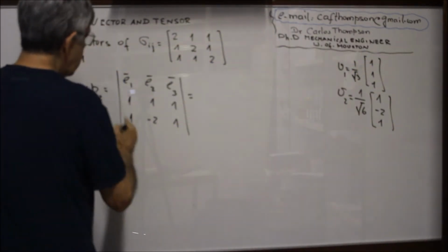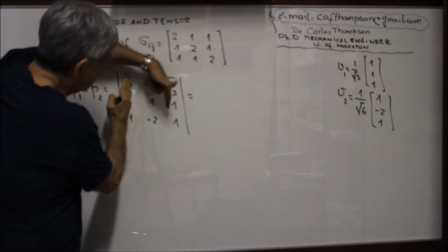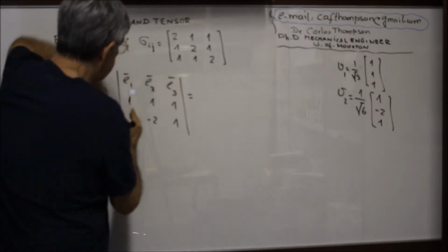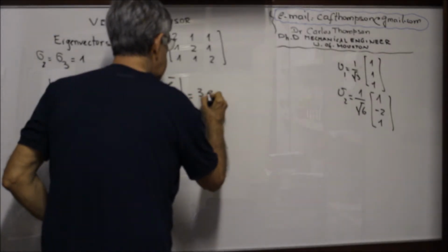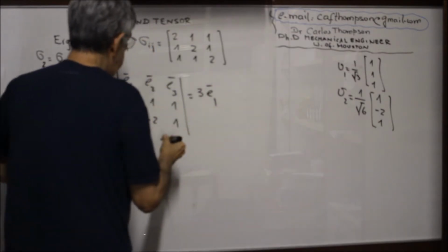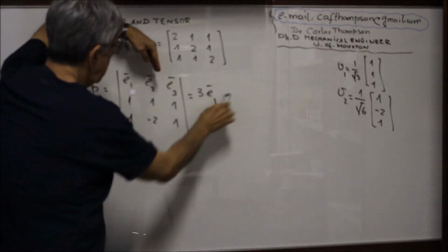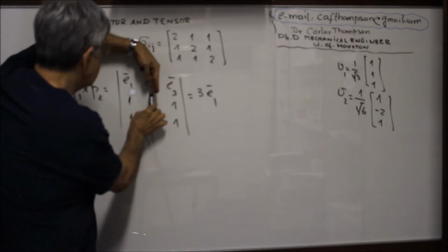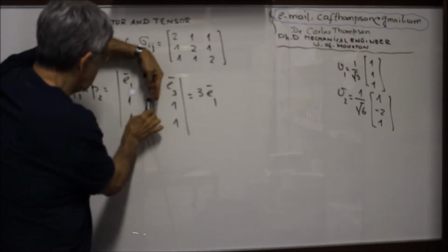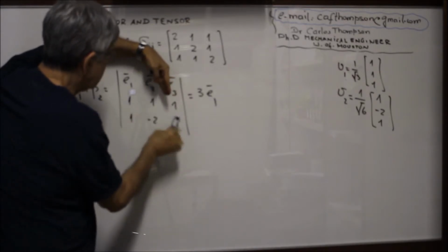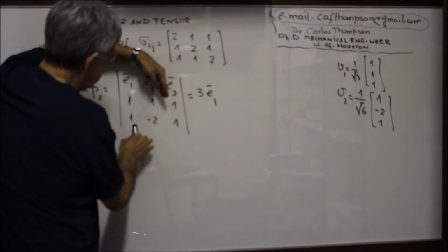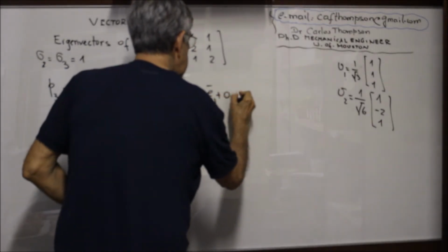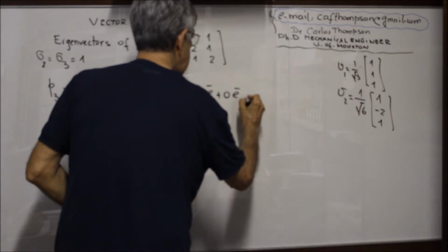Let's work. Now E1, you see, look, 1 times 1 plus 1 times 2, so it'll be 3. This is 3 E1. Now the E2 will be, you see, crossing here: 1 times 1 minus 1 times 1, so it'll be 0 E2.